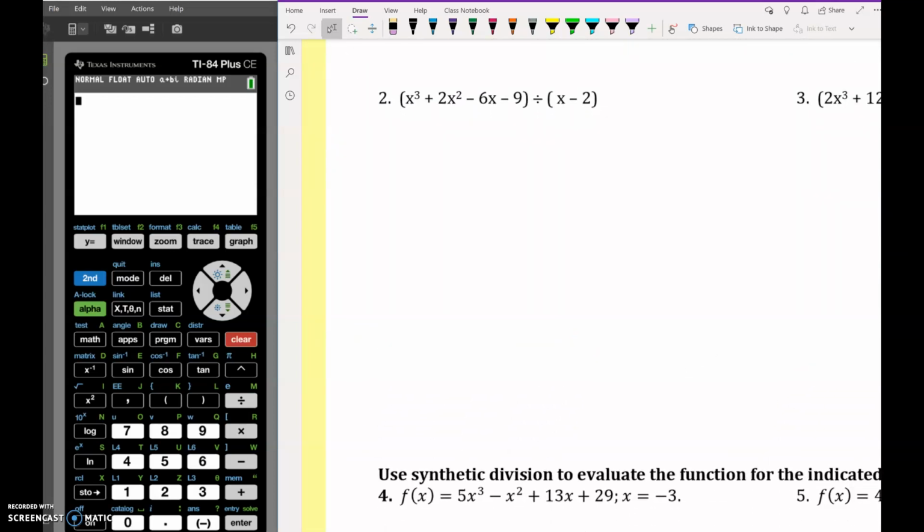You should always check to see if there's any missing terms. X to the third, x squared, x, and then a number. So we're good. We're not missing anything. Use the coefficients. We've got 1, 2, -6, -9. Draw the synthetic division bar, which is the left side and the bottom side of a rectangle.